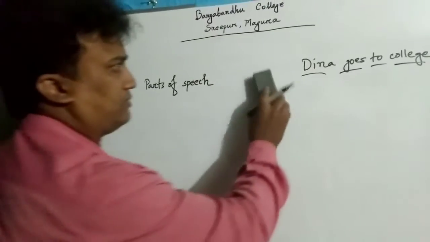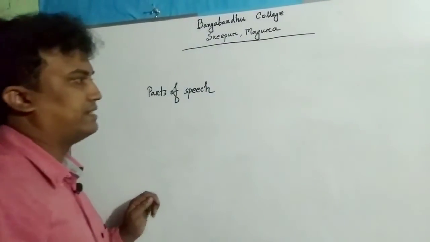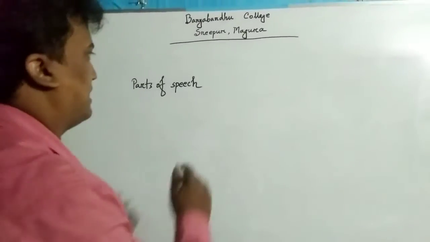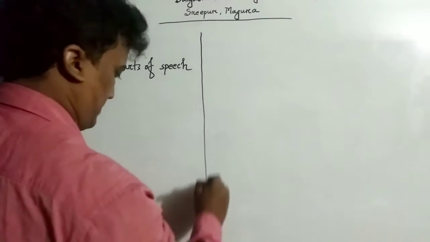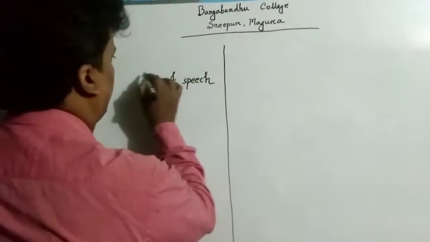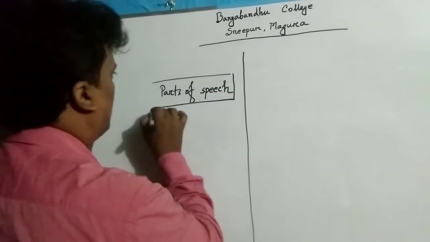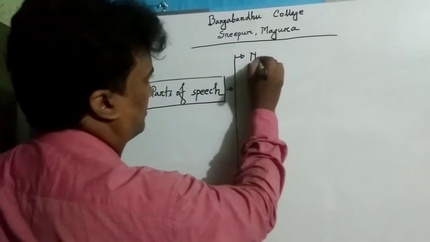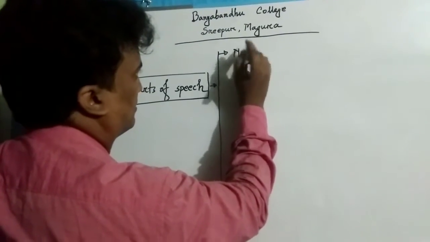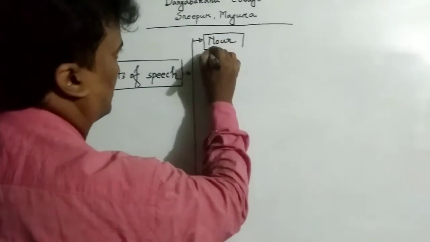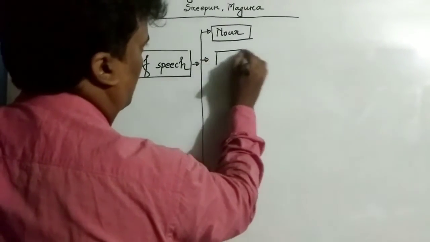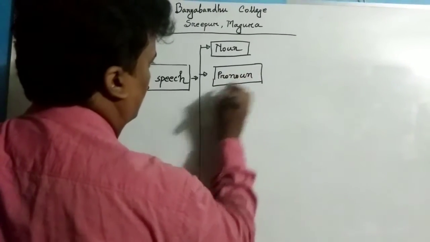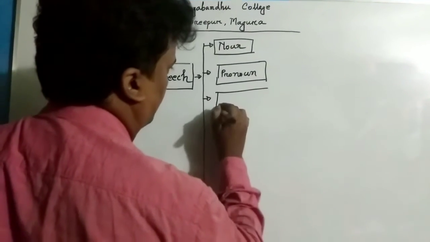So how many parts of speech are there in English grammar? There are 8 kinds of parts of speech in English grammar. I can show you in a flow chart for your better understanding. So firstly, noun. Pronoun. Adjective.